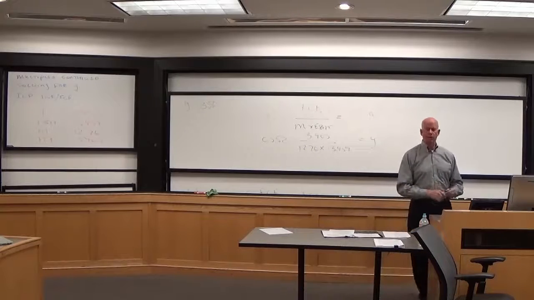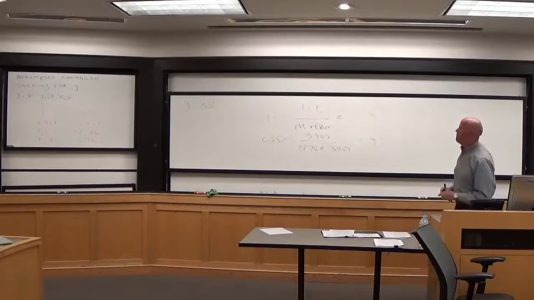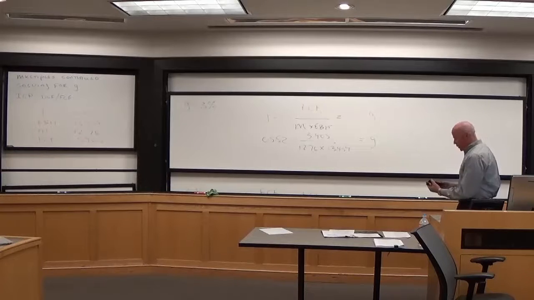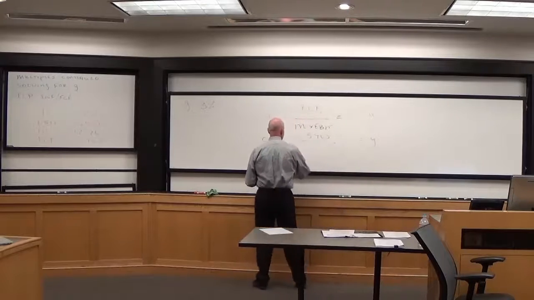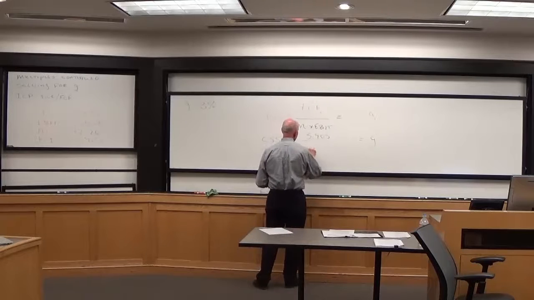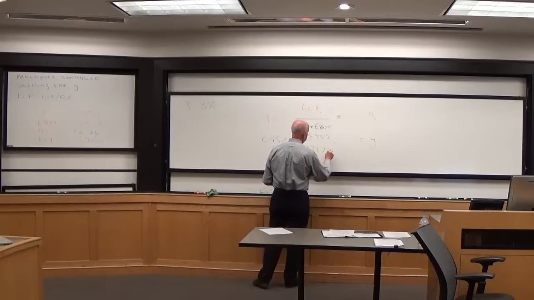That's always the question. Okay? So what's 12.76 times 13.459? 171.737.